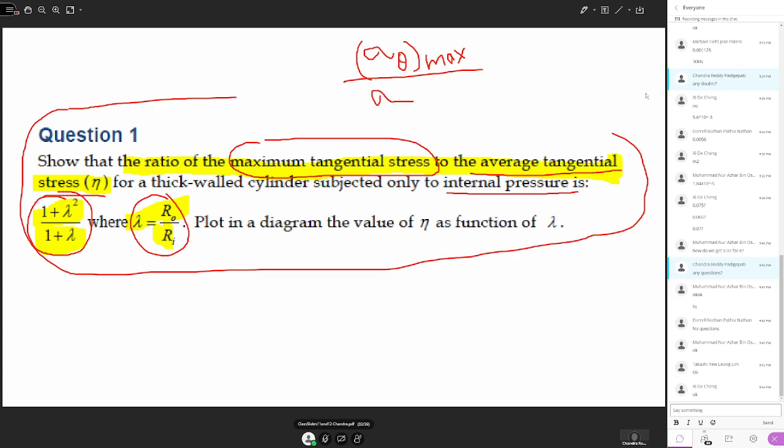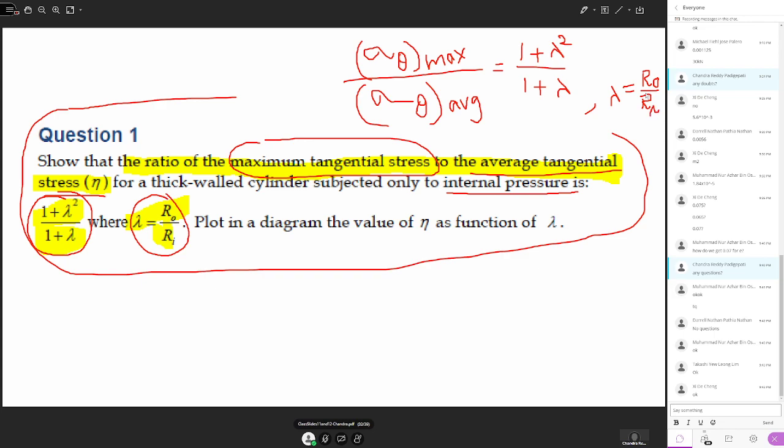So you are asked to prove that this ratio can be written as 1 plus lambda square over 1 plus lambda, where lambda is the ratio of the outer radius over the inner radius, Ro over Ri.